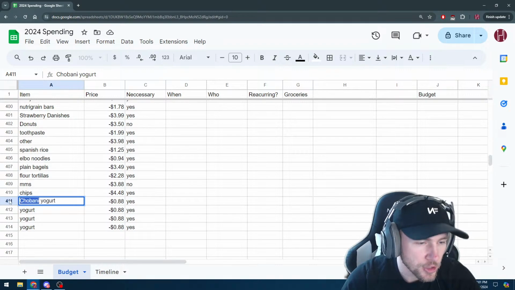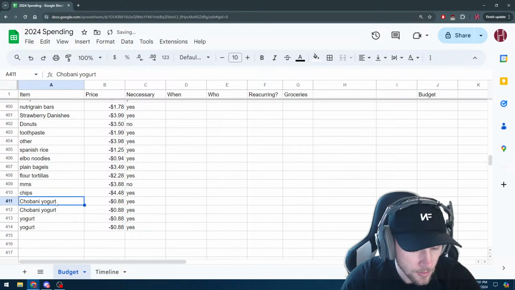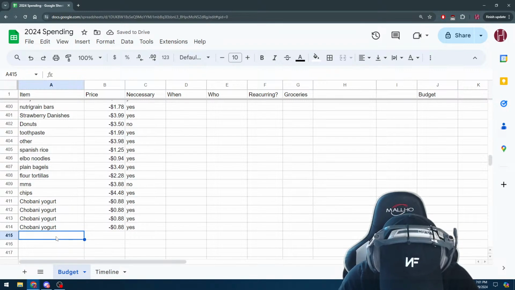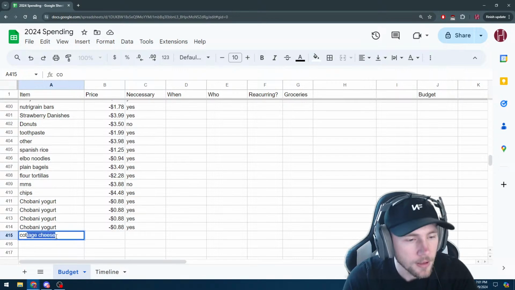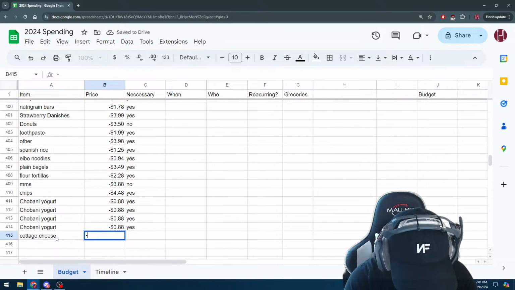Then we can see how much it costs. Just copy this whole thing, because if I add it up, I might not know for how many that price is. That just makes it easy. Cottage cheese, 250.